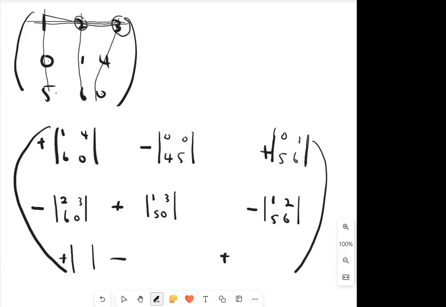Down here, you're going to have 2, 3, 1, 4. Down here, you're going to have 1, 2, 0, 4. And down here, you're going to have 1, 2, 0, 1. And by now, are you getting where I'm getting these numbers from?